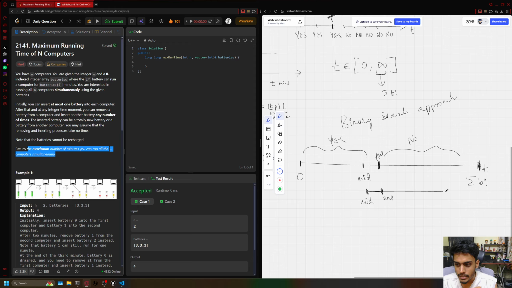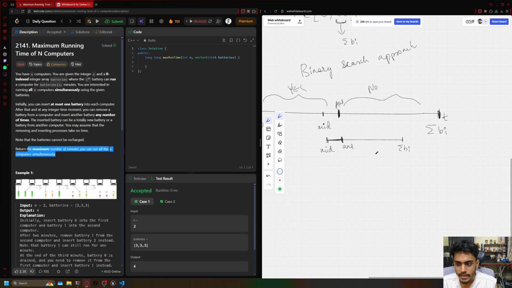This is my answer and this is the b of i. Now let's say I again do a binary search over this search space. I will get a midpoint around here. At this point I'll be calculating my total demand energy and comparing it with the total supply energy I can generate. This point is in the no region, so it will give me no. So I'll be reducing my right boundary to mid minus 1, to here.